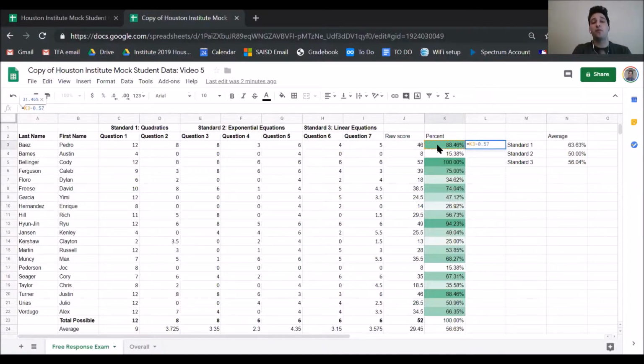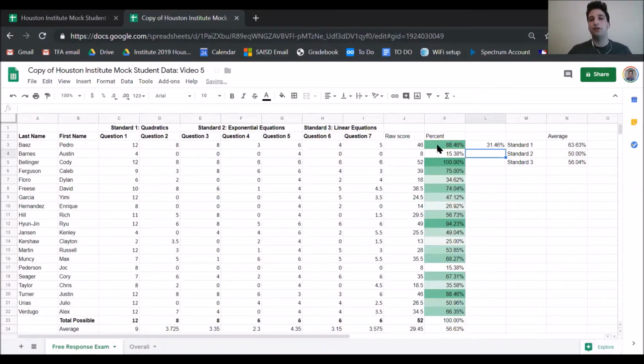So what this formula will tell me, and I haven't clicked enter yet, so I haven't gotten it yet, is how different he was from the average performance of his classmates. If that number turns out to be positive, that means that he did a certain percentage better than his classmates. If that number turns out to be negative, it means he did a certain percentage worse than his classmates. So I'll go ahead and press enter.